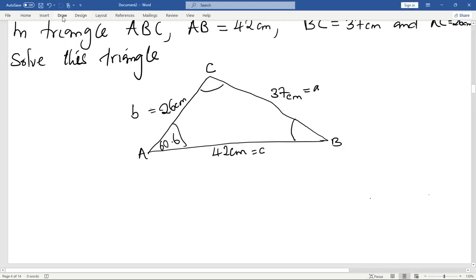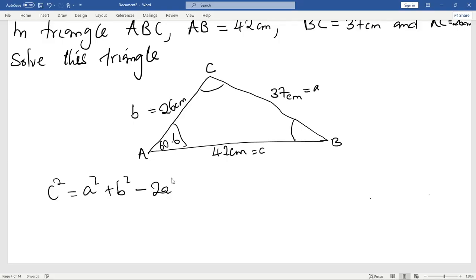Okay, so to find the value for C, we do exactly the same thing that we did with finding the value of A. So C squared is equal to A squared plus B squared minus 2AB cos C. Since we want to find the value of C, let's make C the subject of the formula. So you can shift this negative 2AB cos C to the other side, and we bring C squared to the other side.